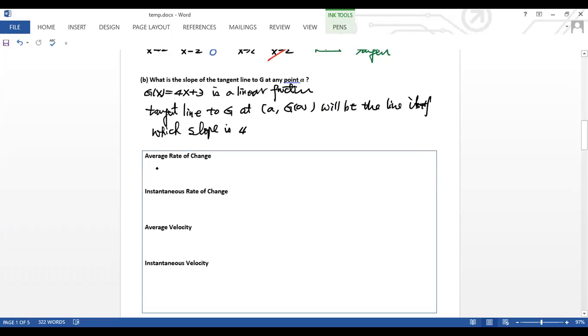The average rate of change for y equals f of x over the interval from a to x. This is just like how we defined the slope of the secant line. So the average rate of change is just f of x minus f of a over x minus a, right? So that's what we call the average rate of change. It makes sense, right? f of x minus f of a is the distance, over x minus a.